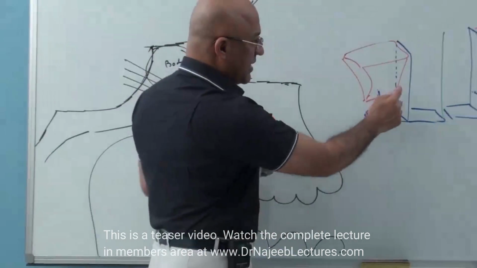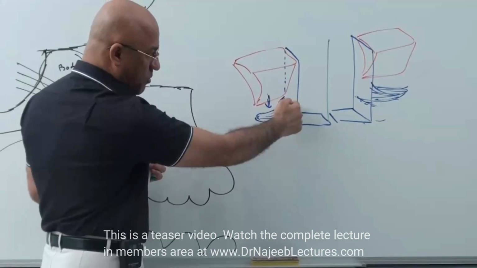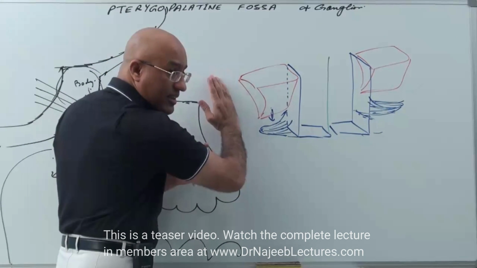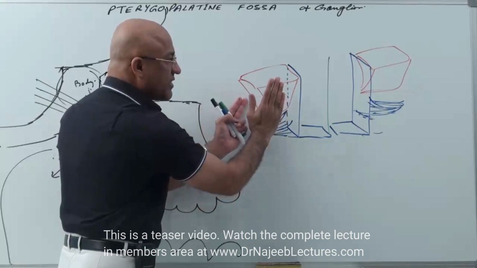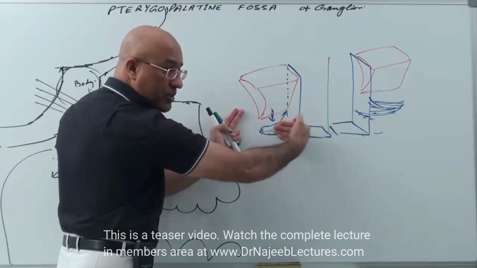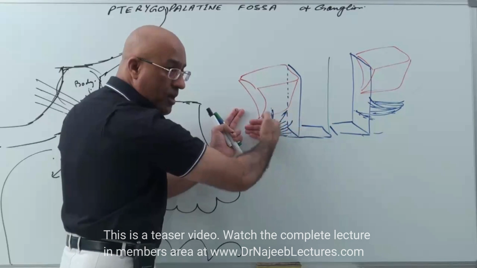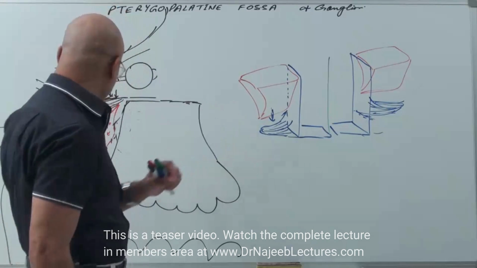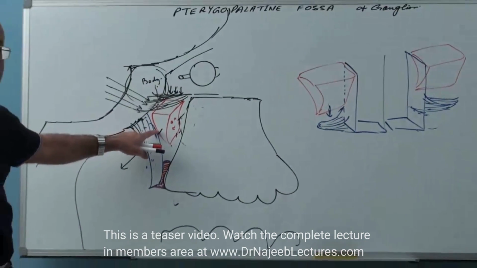Because it is coming and moving laterally, and in front is the maxilla, and behind there is the pterygoid process, and the gap between the maxilla and the pterygoid process is filled by the pyramidal process of the palatine bone. Am I clear? So how is the floor of this fossa made?